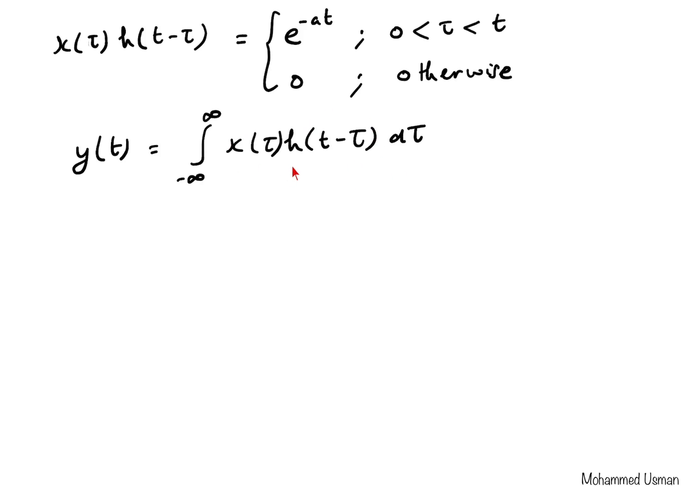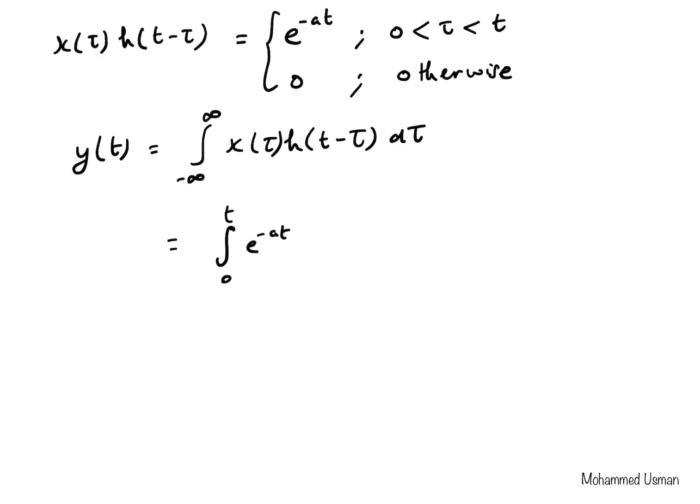But since this product is non-zero only in the range 0 to t, and for all other values of tau it is 0, we are interested in this integral only in the range 0 to t. So we'll write this as integral 0 to t, and in this range this product is equal to e power minus a tau.